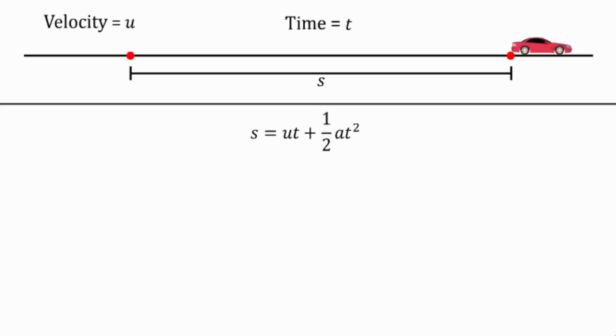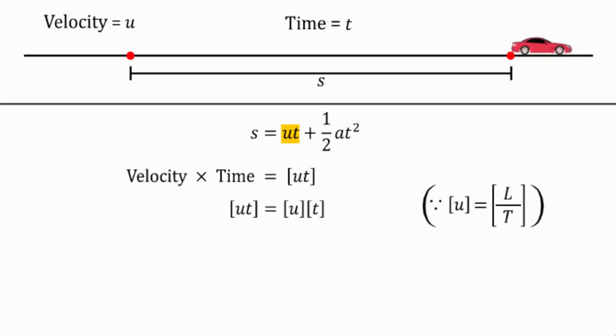In this case, in the first term, it is the product of velocity and time. The product of the dimensions of these quantities is L T power minus 1 into T, as shown. On simplification, we get L.